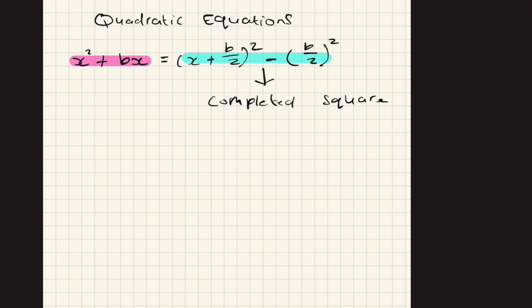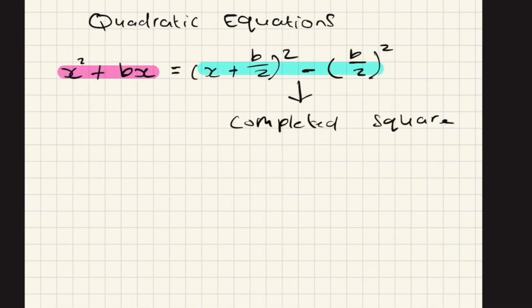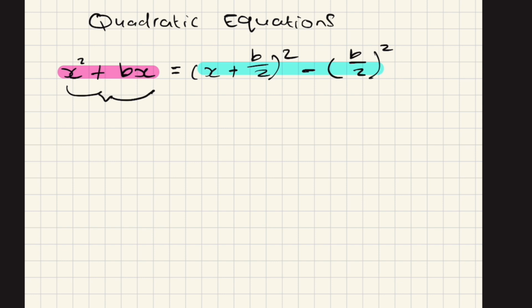The way I got from the quadratic equation to the completed square form was by using this equation here, and then we're going to put it into a bracket and square the bracket.